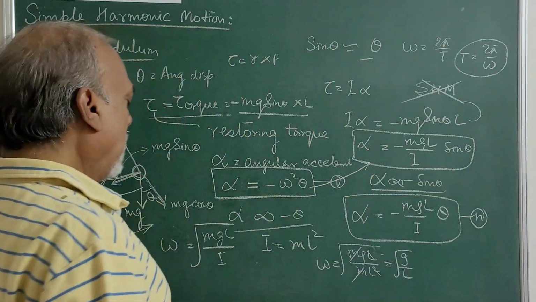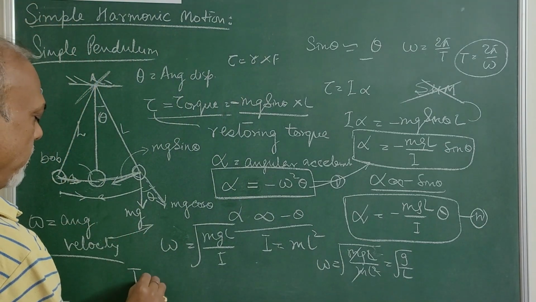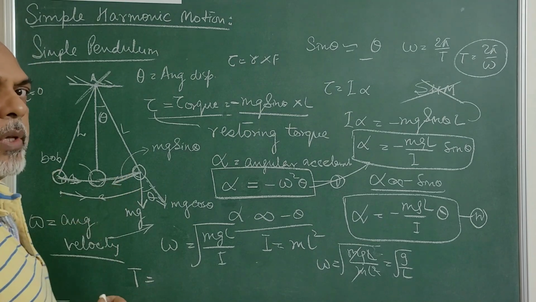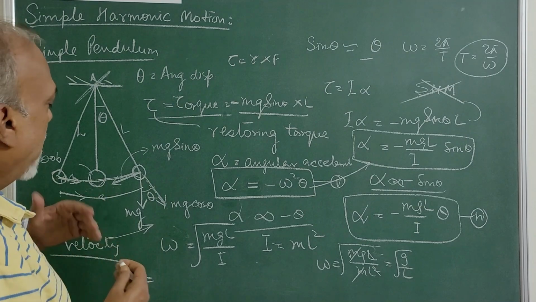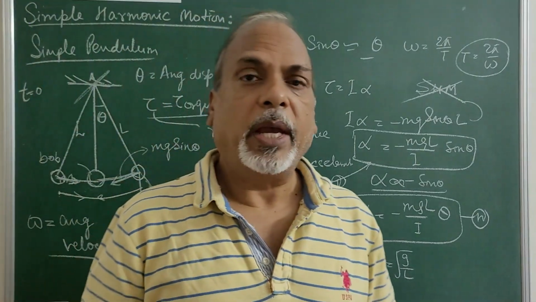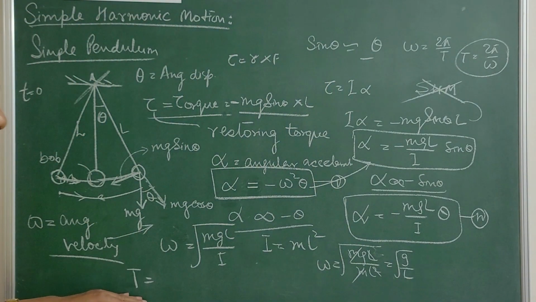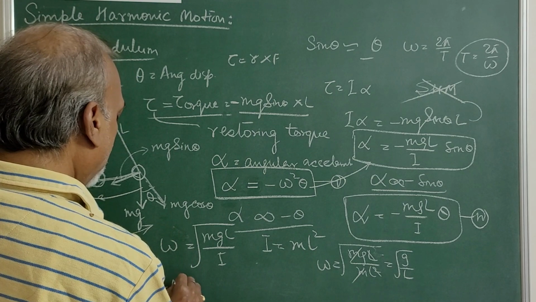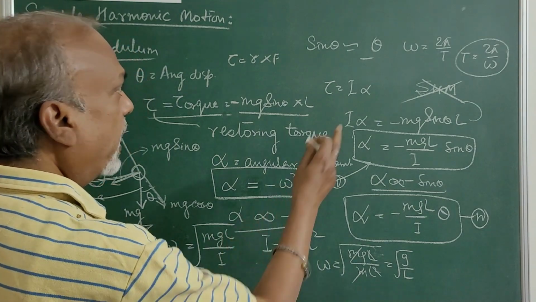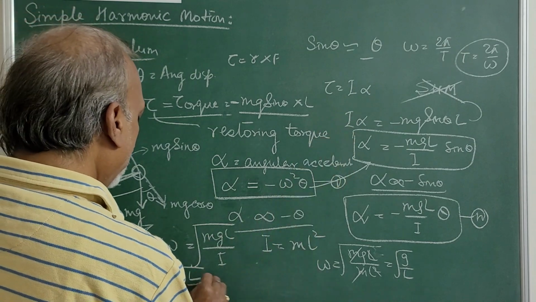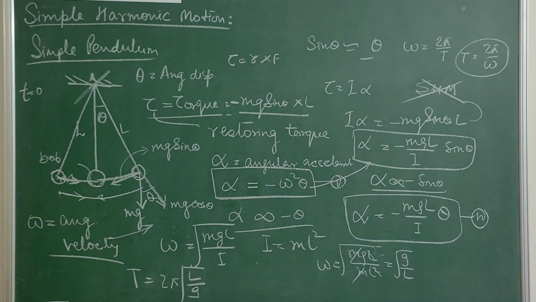If you put it here, then what will be T? T means the time period of this simple harmonic motion of this bob, the time taken in one cycle. So what will that be? That will be basically 2 pi root, of course omega is in the denominator, so this will be L upon g.